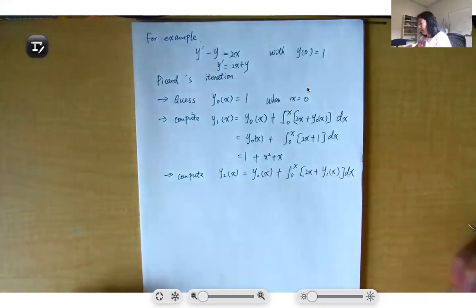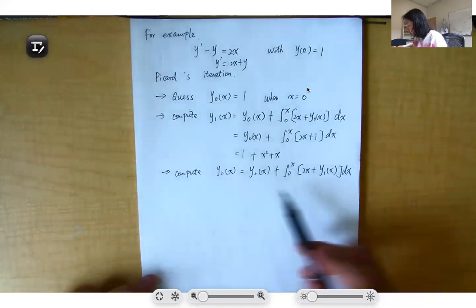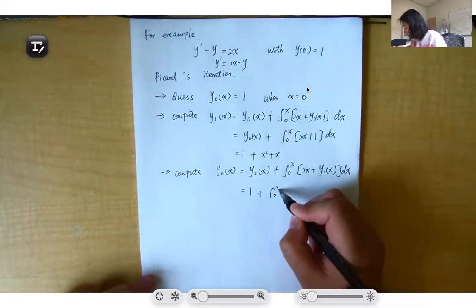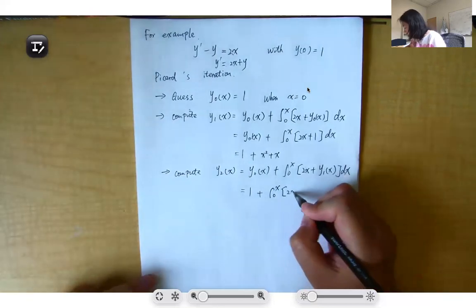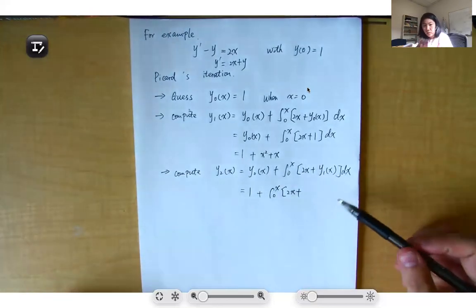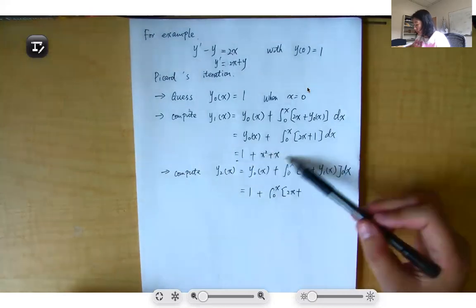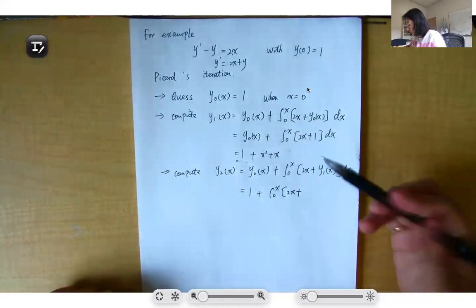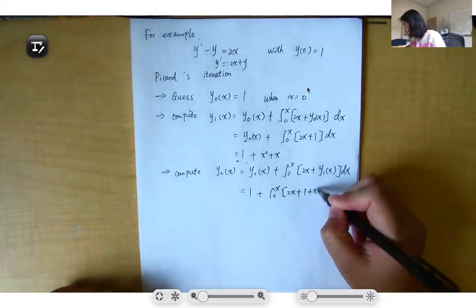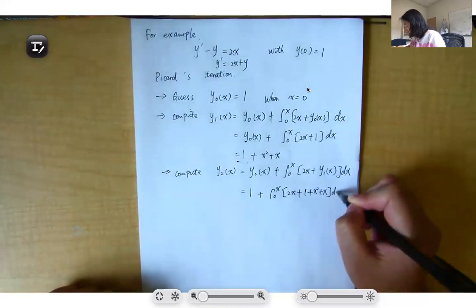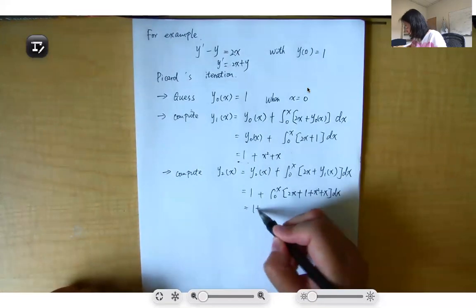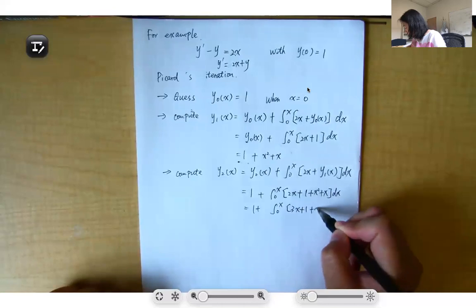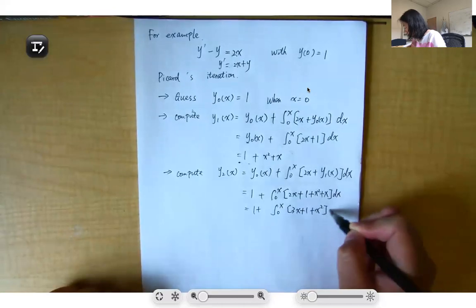Okay, and you know that y0(x) is 1, and from 0 to x the integral of 2x plus y1(x). You know y1(x) from the first step is 1 plus x squared plus x. So we put in 1 plus x squared plus x dx. And that is the integral from 0 to x of 3x plus 1 plus x squared dx.